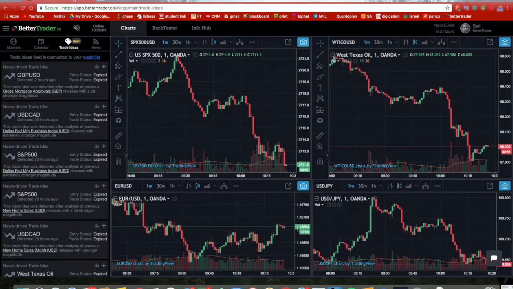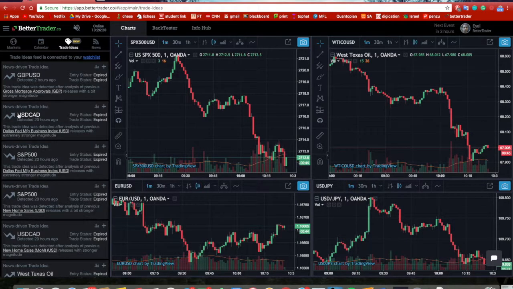Okay, now I will give you an example of how to use the trade ideas and the backtester on the BetterTrader interface. So if you go to trade ideas, there will be both news-driven and price-driven trade ideas. They're only news-driven right now, but the price-driven ones will show up. So it will tell you what the idea is detected by.